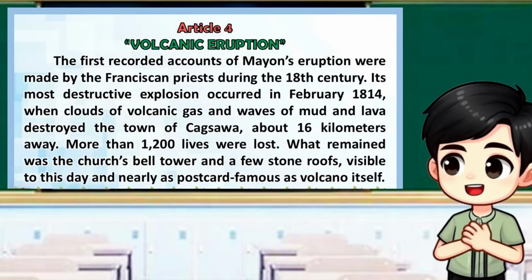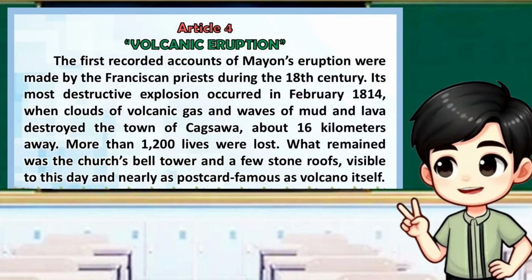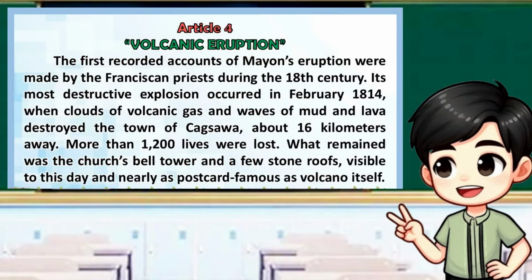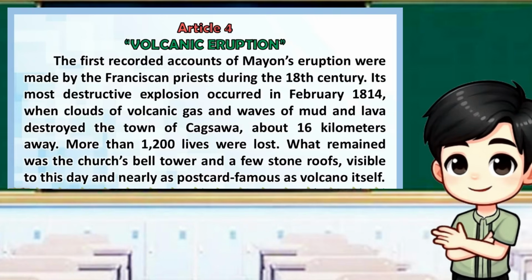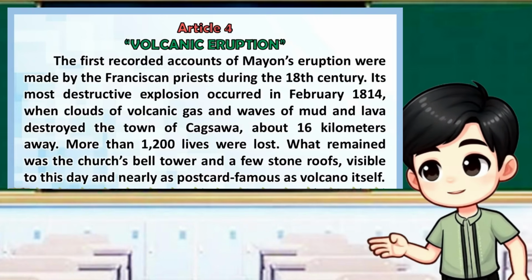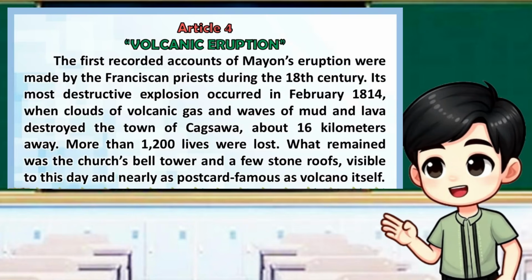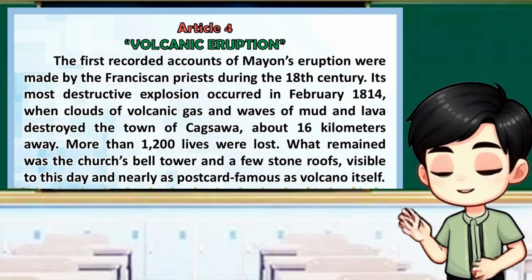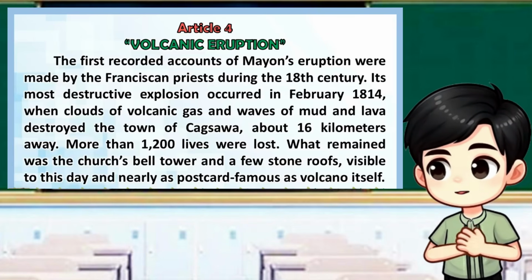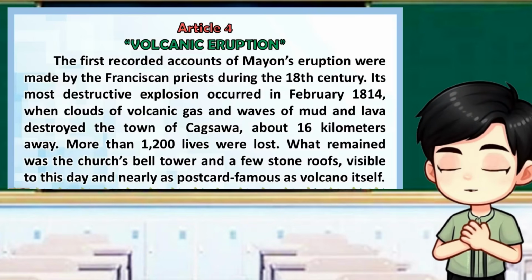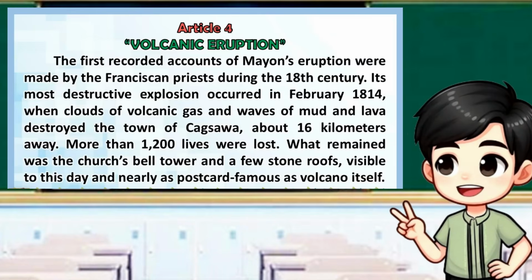Now let's read Article 4, Volcanic Eruption. The first recorded accounts of Mayon's eruption were made by the Franciscan priests during the 18th century. Its most destructive explosion occurred in February 1814 when clouds of volcanic gas and waves of mud and lava destroyed the town of Cagsawa, about 16 kilometers away.